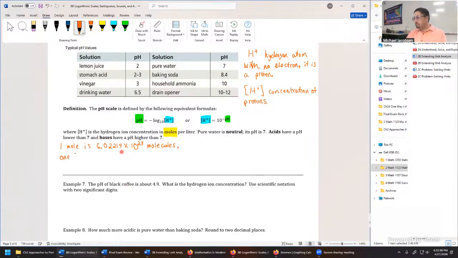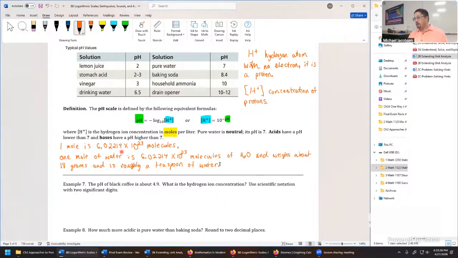So 1 mole of water is 6.02214 times 10 to the power 23 molecules of H2O, the chemical compound for water, and weighs about 18 grams and is roughly a teaspoon of water.